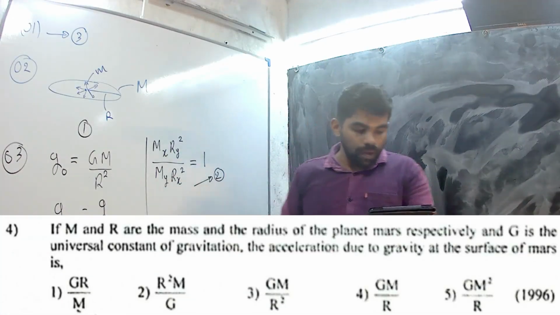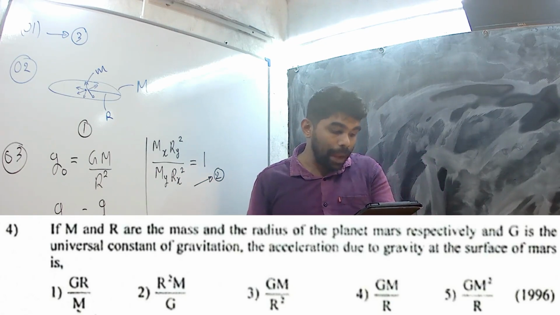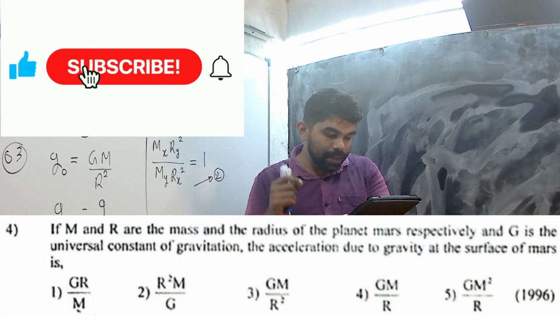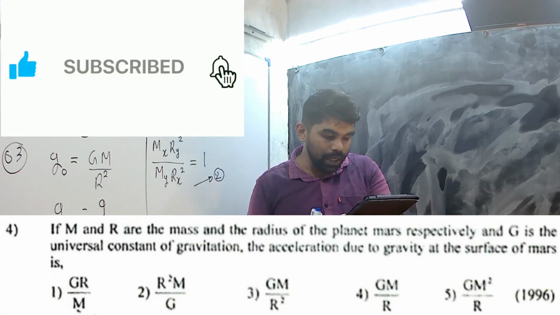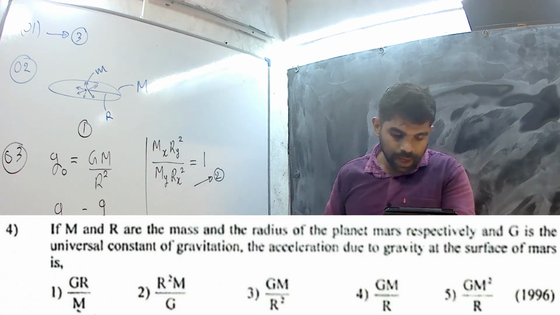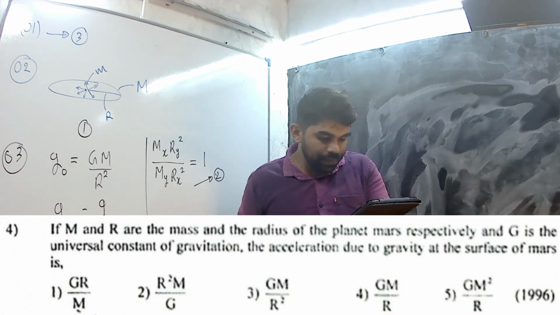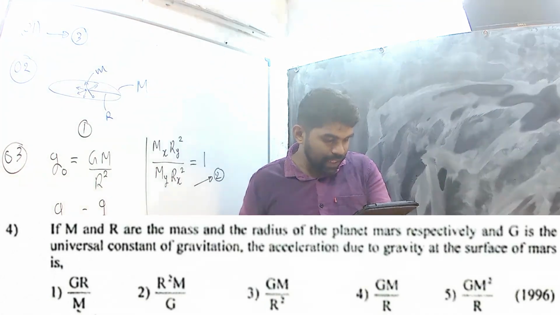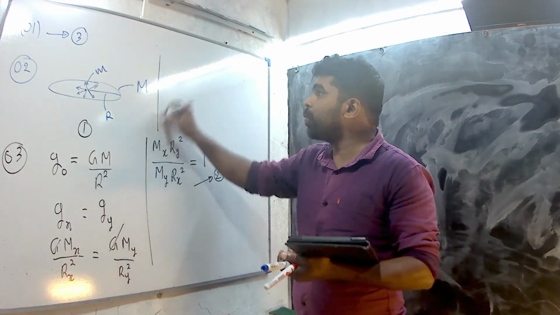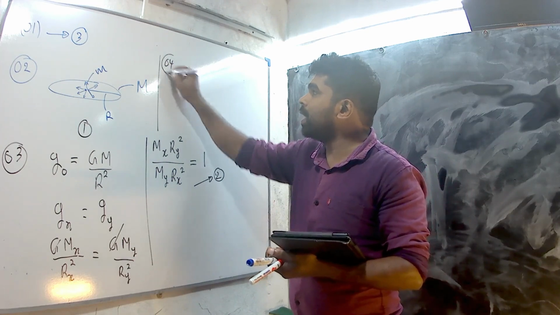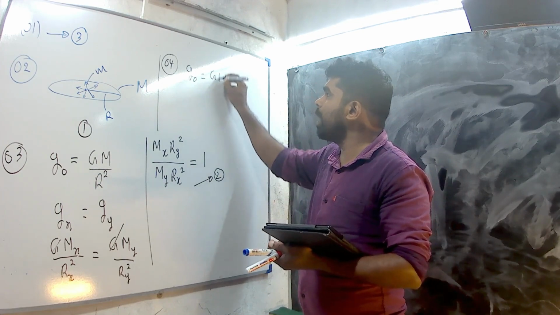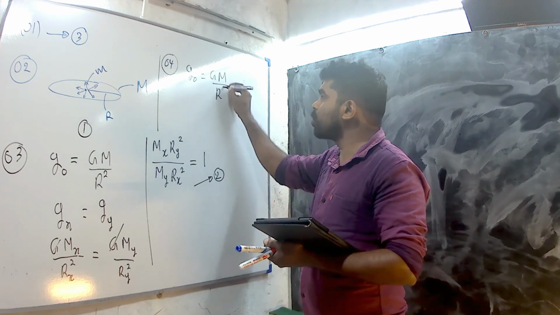Question number 4. The capital M and R are the mass and radius of the planet respectively, and G is the universal constant of gravitation. The acceleration due to gravity at the surface of the planet is, we can get directly, g naught equals GM over R squared.